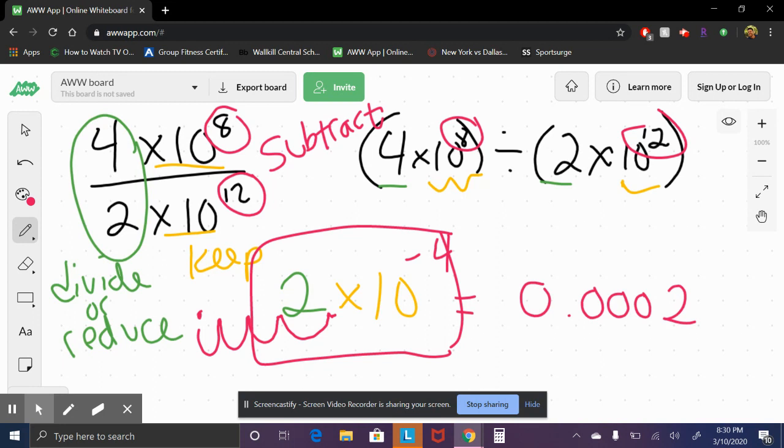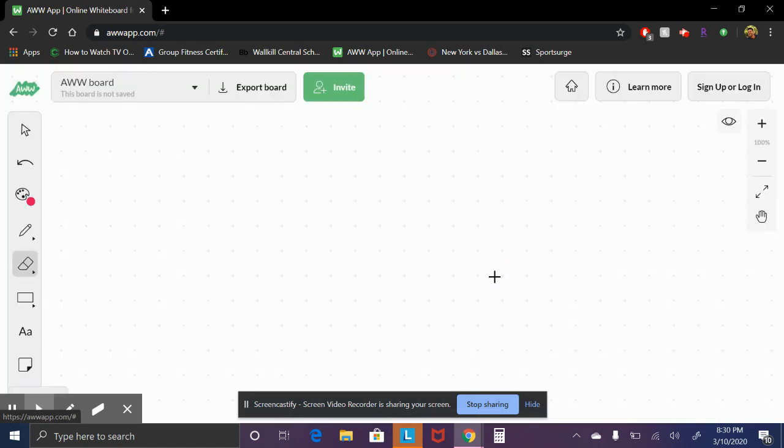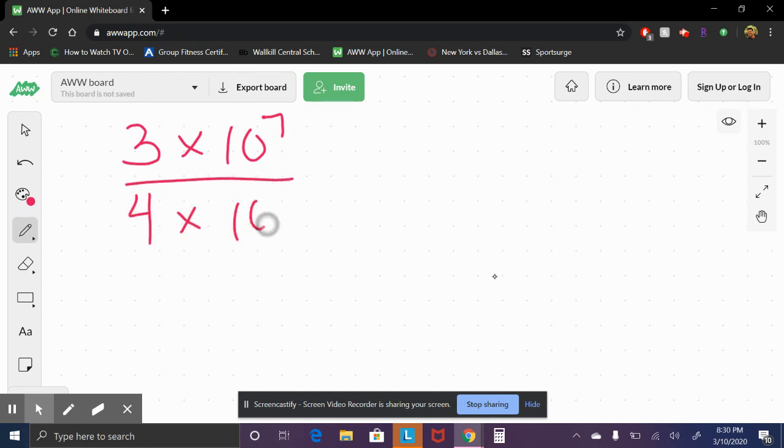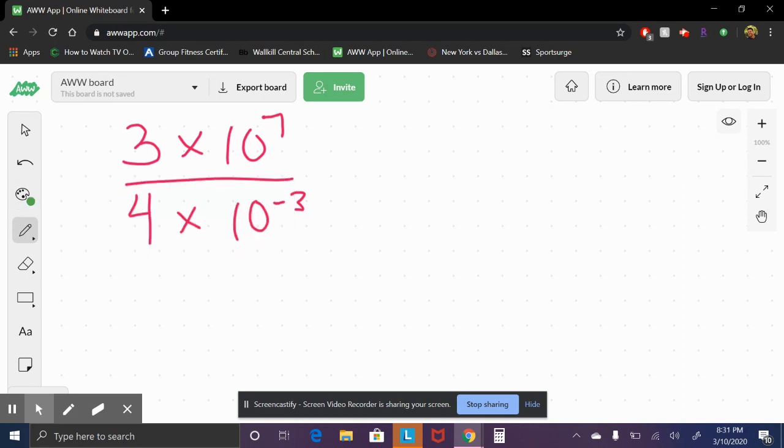Let's look at another circumstance where we divide. Then we'll do another multiplication problem, something you might see. So 3 divided by 4.